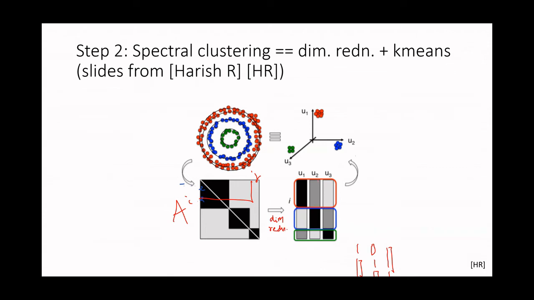And you get this n cross 3 matrix. Here you have come down to n cross 3, where 3 is the number of clusters, n cross k.